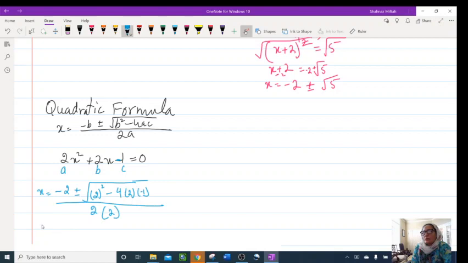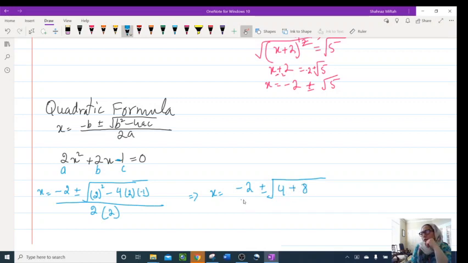So let's simplify this further. I'm going to write it down here. If I simplify, it's going to give me x equals negative 2 plus or minus. Let's do the inside first. 2 squared is 4. 4 times 2 is 8. 8 times negative 1 is negative 8, and then negative times negative is positive, so it's going to give me positive 8.